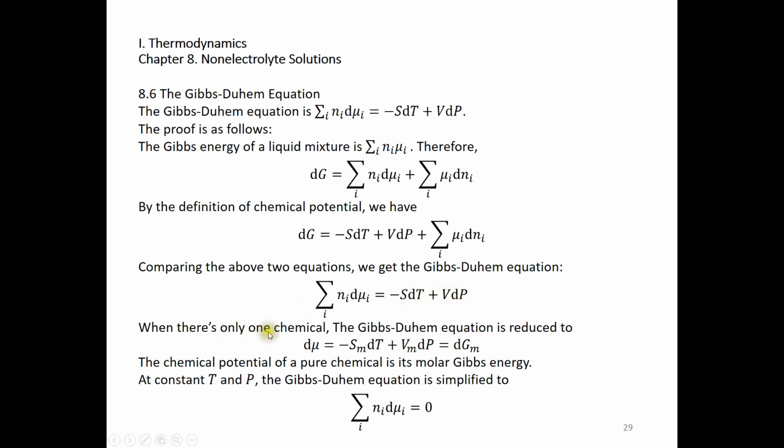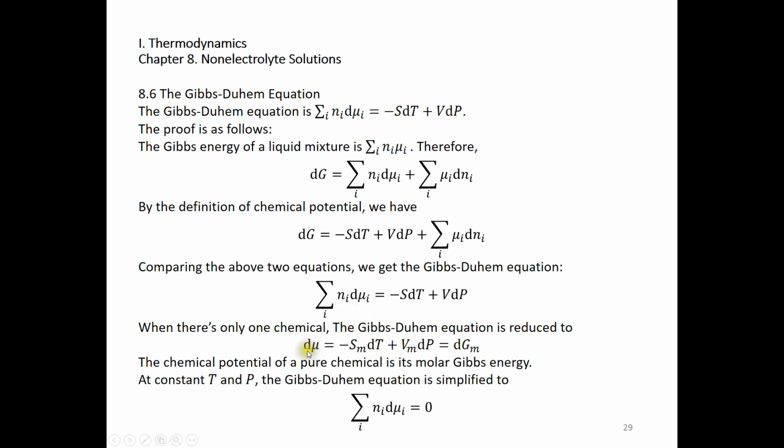When there is only one chemical, the Gibbs-Duhem equation is reduced to this: N1 d mu 1 is equal to negative S dT plus V dP. Since we have only one chemical, we don't need to write the subscript 1.